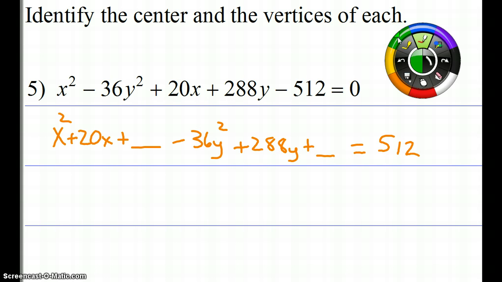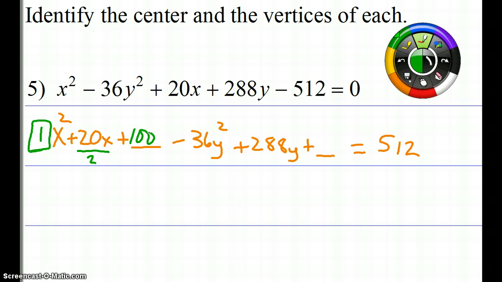Okay. So last week we looked at what to do if the coefficient was something different than a 1. But let's go ahead and remember the steps of completing the square. We take half the middle term, which is a 10. We square it.